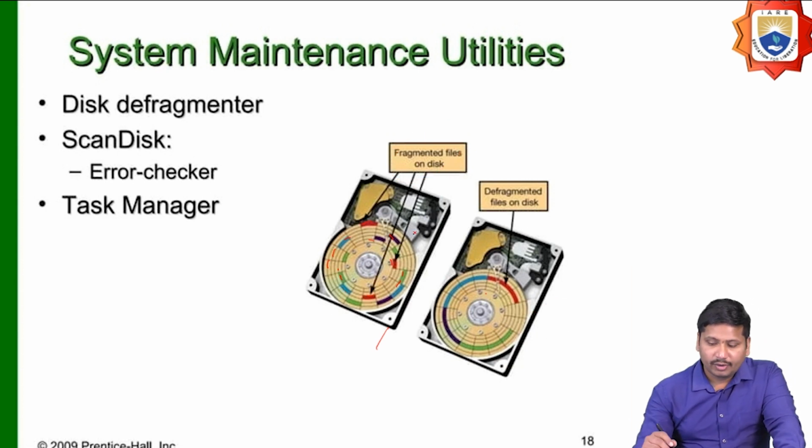Fragmented disk files means the data is available in scattered parts of the disk, whereas in defragmentation, it is covered sector by sector and stored track by track.